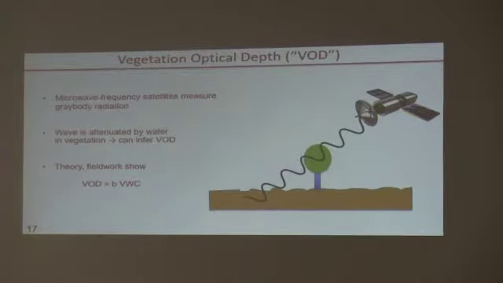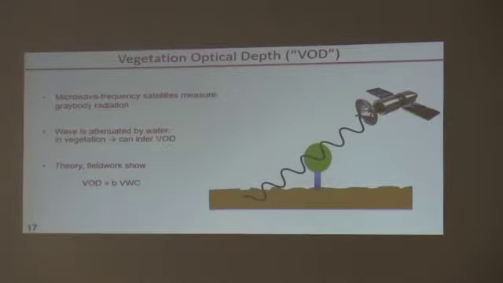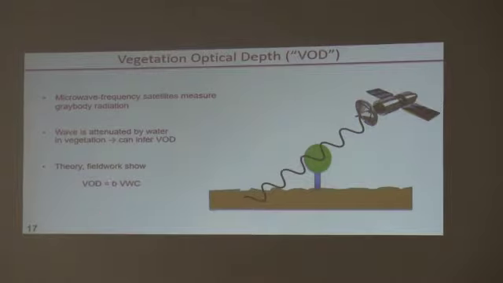And so if you actually go back to the literature from the 80s, from the early 90s, you see that there's a lot of really careful fieldwork and theoretical predictions that all show that this VOD is not just related to vegetation water content, but it's actually nicely linearly related, where you have some constant coefficient B that really depends on the geometry of the plant.